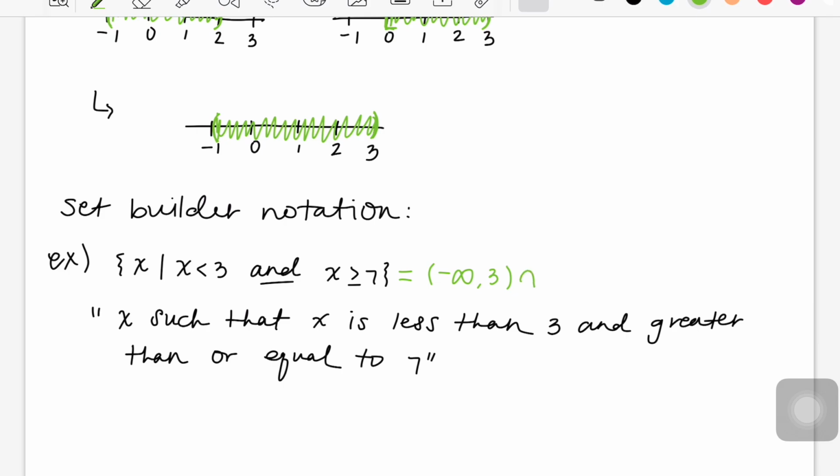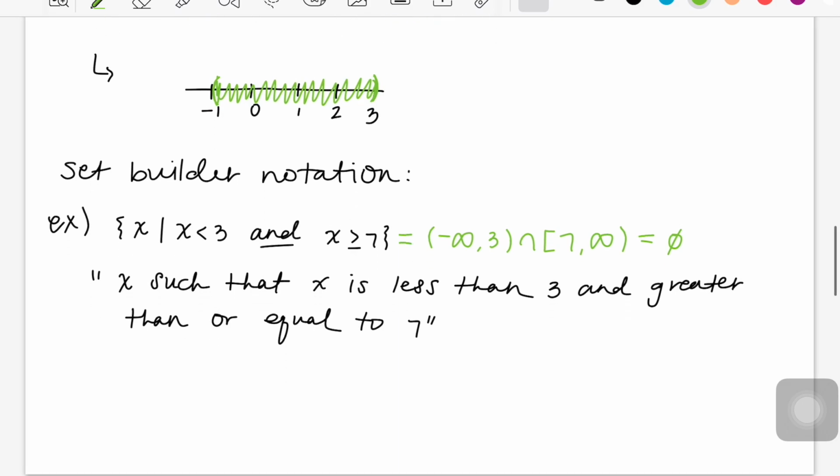So our second interval is going to include 7 all the way up to infinity. All right, so as you can see, this actually will be equal to the empty set because there are no elements in common. And we can actually look at our number line here.